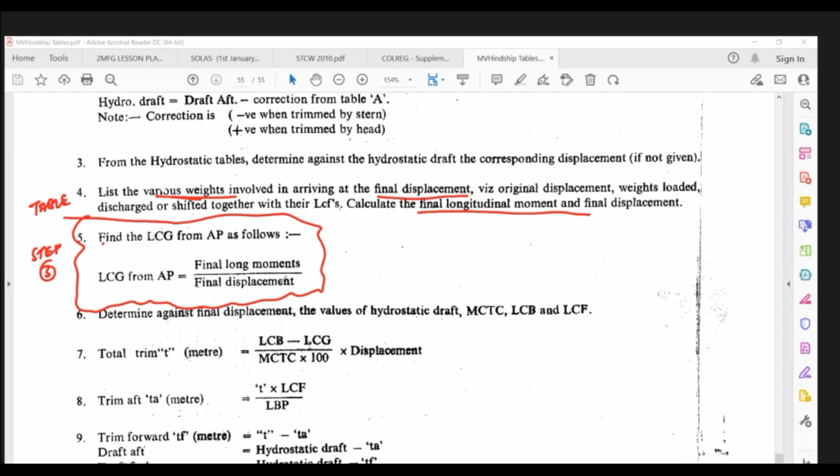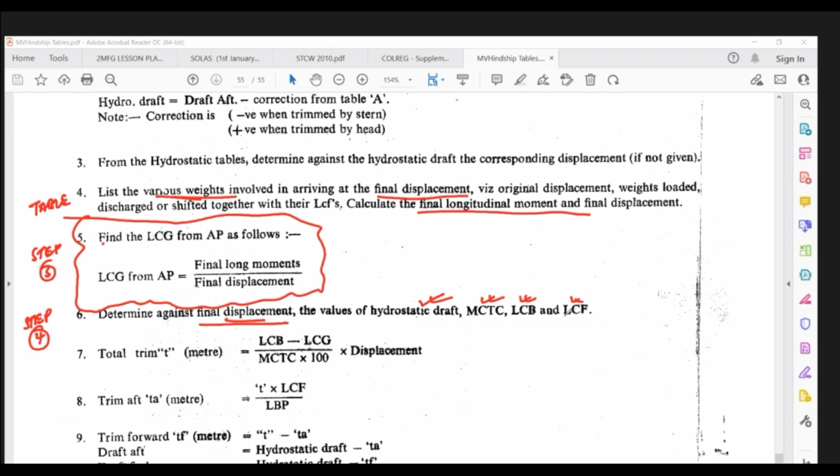Now step 4. In step 4, what are we doing? Sir, MCTC, LCB or LCF we find. Exactly, all of them is given here. For the final displacement you find hydrostatic draft, MCTC, LCB, LCF.